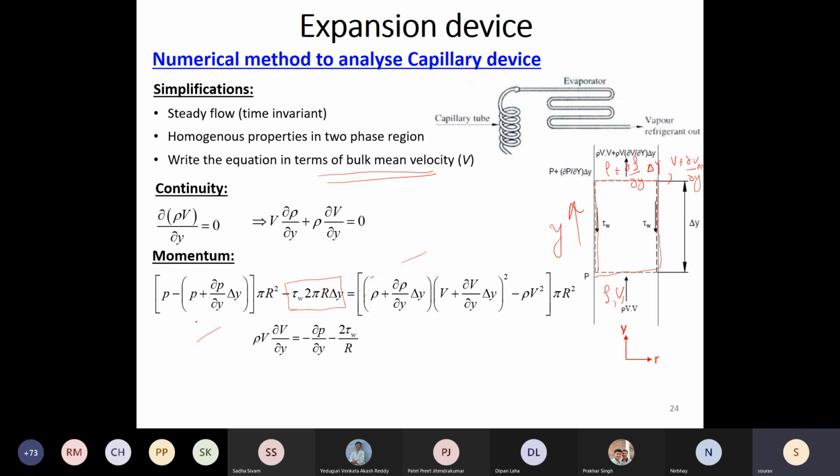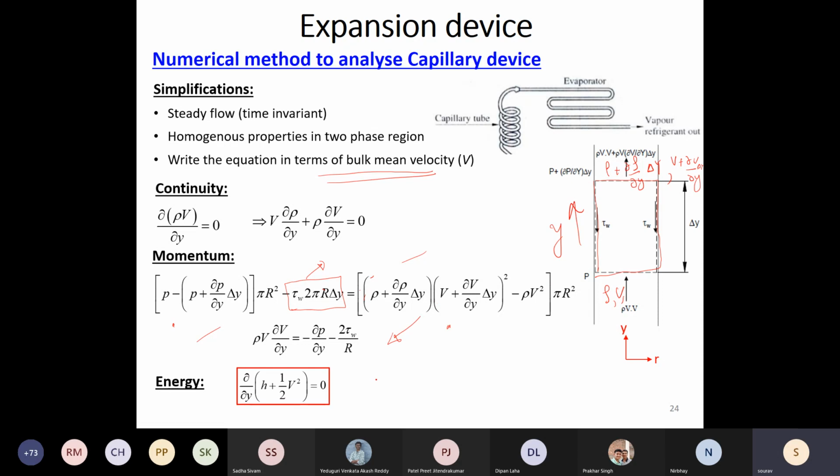So this is momentum at the inlet, momentum at the outlet, and this difference is balanced by the frictional force on this control volume. And then you simplify this expression. This is what you will get. I will not bore you with all the derivation of this.